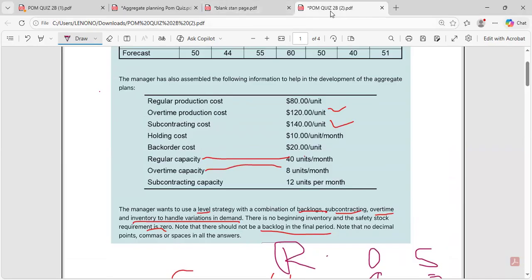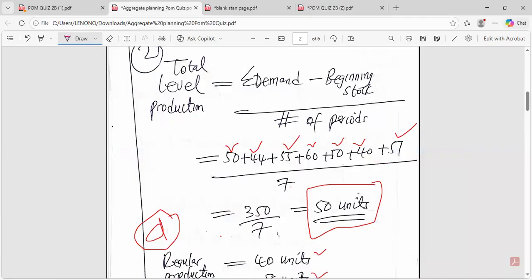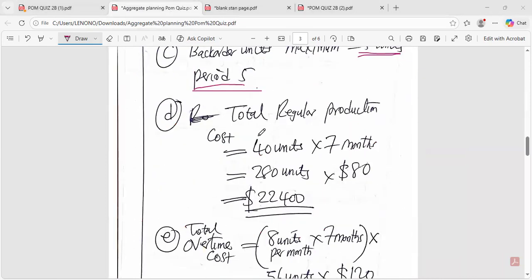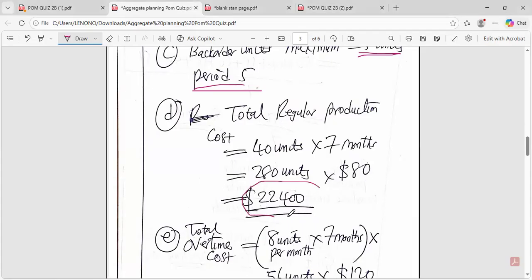So on a regular basis, we have the 40 units times 7 months, 280 units times 80 is 22,400. So $22,400 is the regular production cost.